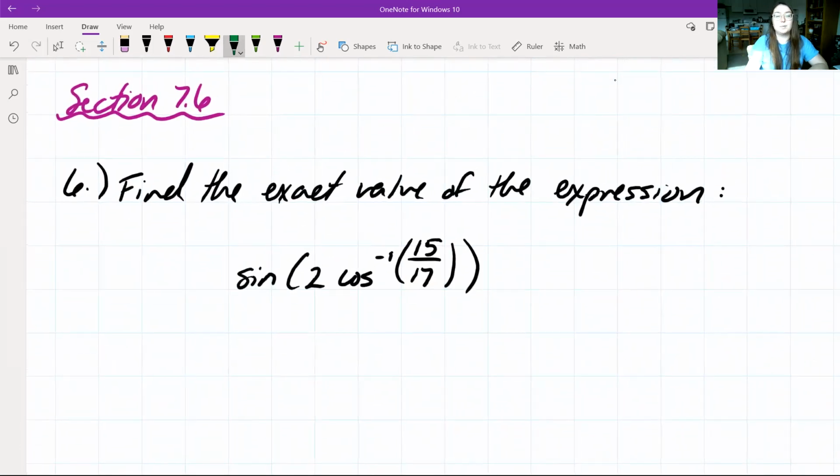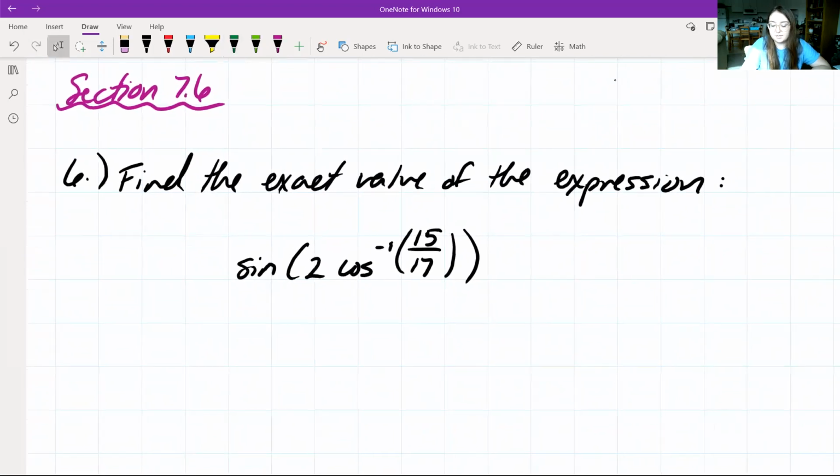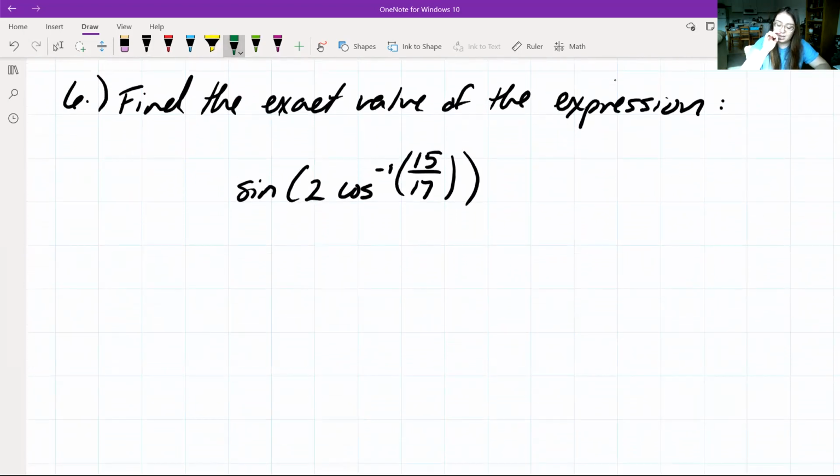All right, so our last problem, problem number 6 from section 7.6, we want to find the exact value of the expression sine of 2 times cosine inverse of 15 over 17. So kind of a bit of a mess here, but what we see is that we have sine of 2 times something else.